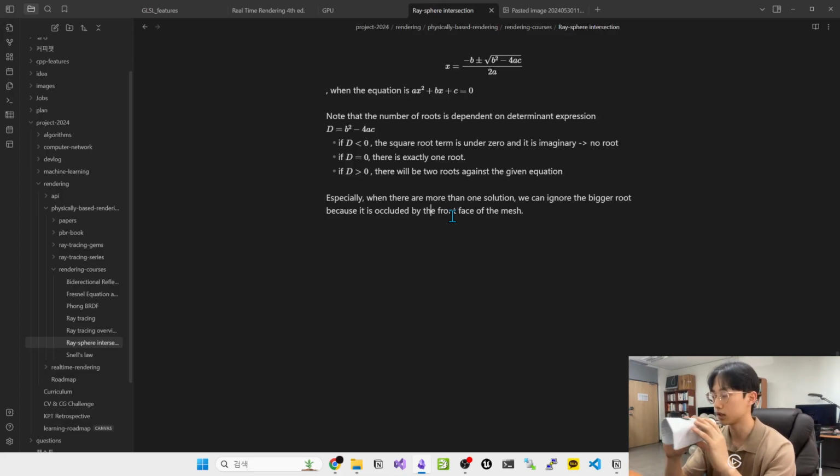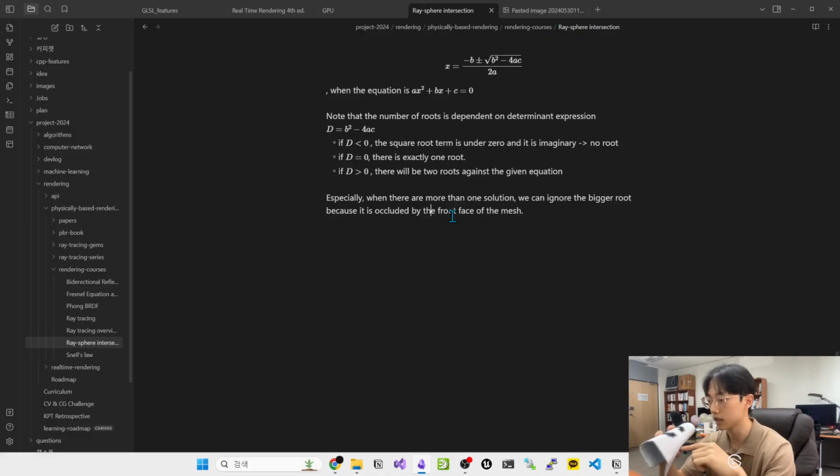So for the intuition, let's think about this sphere. If we shoot the ray here, and there is more than one root, the ray will have a root for the sphere at this point, and the refracted one at the back face.